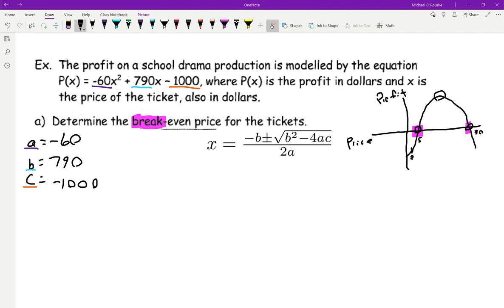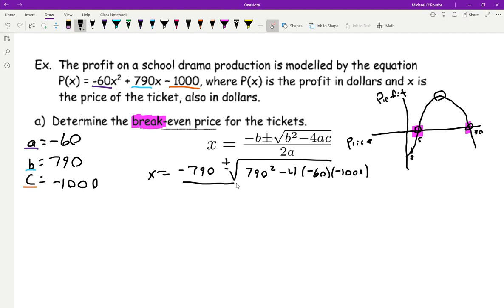Okay, I got 4 people done, and Alicia's done, so that means most people should be done. So, if I go here, I should be negative 790 plus minus the square root of 790 squared minus 4 times negative 60 times negative 1000, divided by 2 times negative 60.